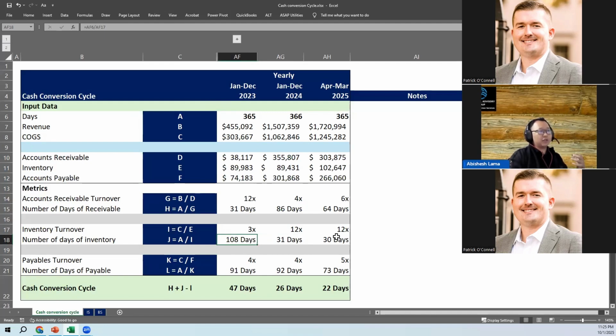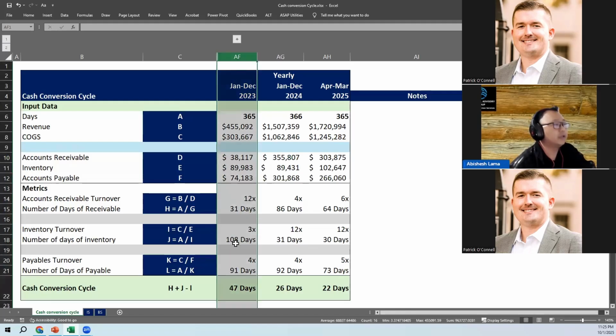If you see such numbers and wonder why the DIO number is very high, then you would want to ask the sellers what is the business reason behind such a high number. And as I mentioned earlier, since this was their starting year, it took some time for the sales to pick up. For that reason, they had to hold inventory for a longer period.